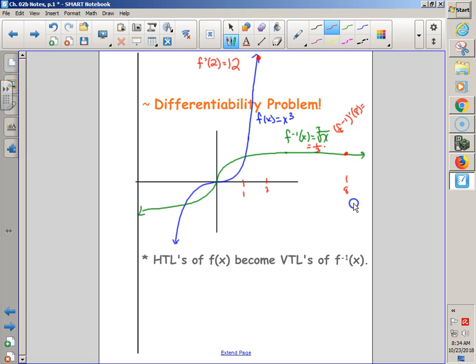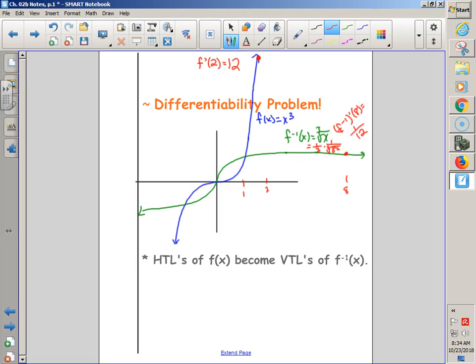Bring down the 1/3, and then x to the negative 2/3, which would be 1 over the cubed root of x squared. I'm plugging in 8. The cubed root of 8 is 2. 2 squared is 4. 4 times 3 is 12. Can you guys check in your calculator, is 1/12 the decimal that you saw with your dy dx?